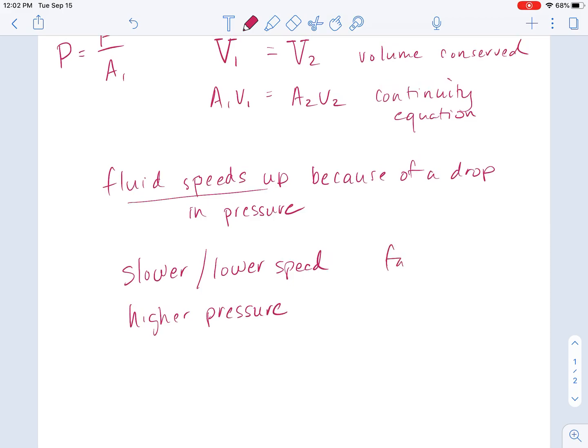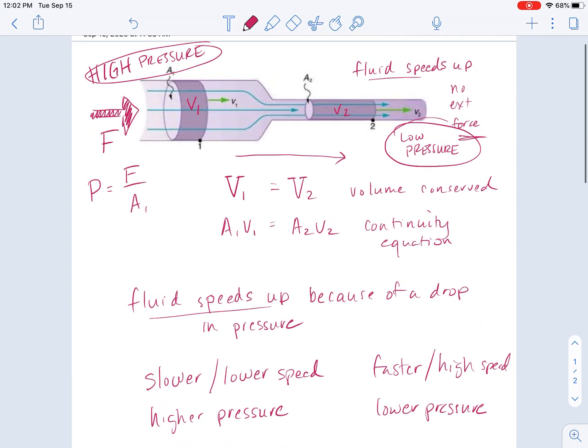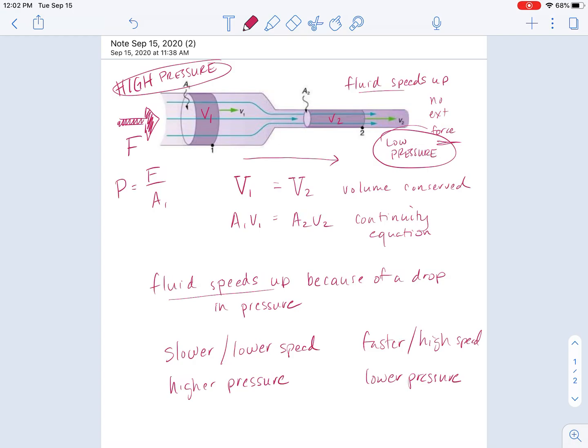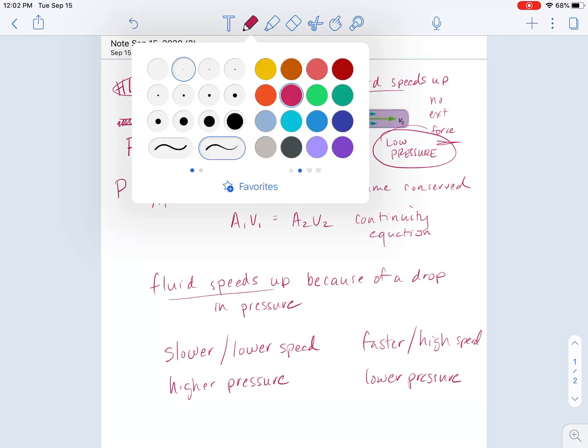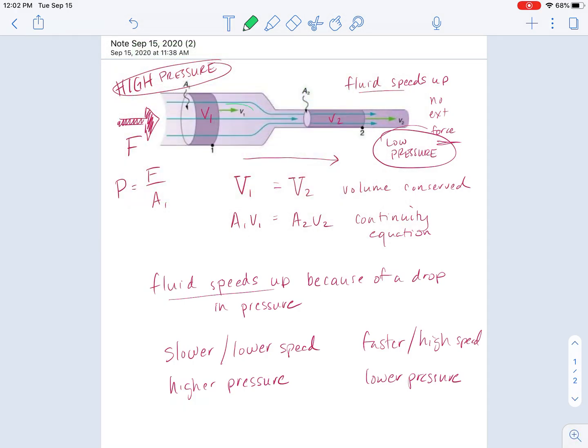And when we have faster speed, we have lower pressure. Just to summarize what we're seeing in this diagram, again, the speeds are indicated here by the length of these arrows. So this V1 is a bit shorter than this V2.